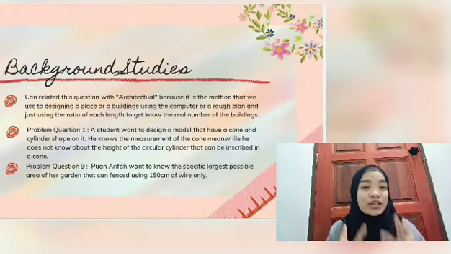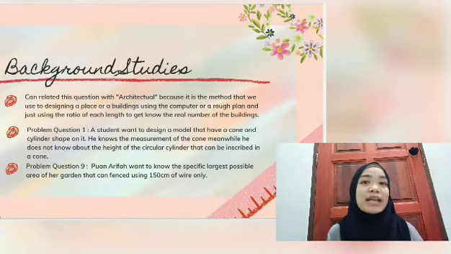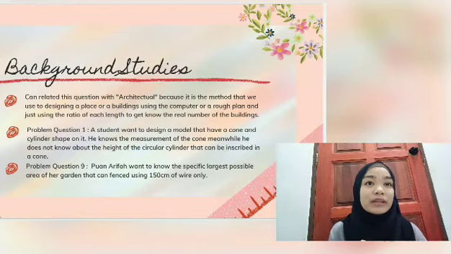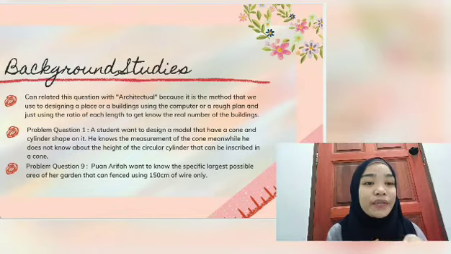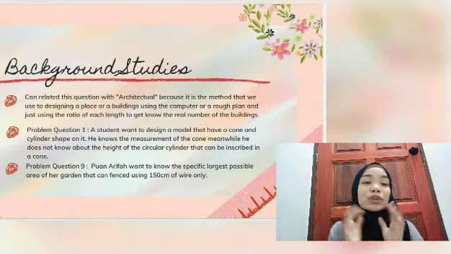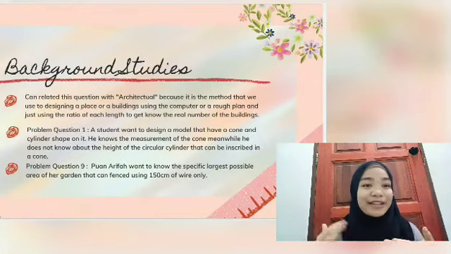So, for this question we have to find the solving strategies that we can use, the calculation and the result that is suitable, because she only has 150 centimeters to fence her garden. So we have to find out whether 150 centimeters is suitable for her garden or not. I think that's all from me. Thank you.